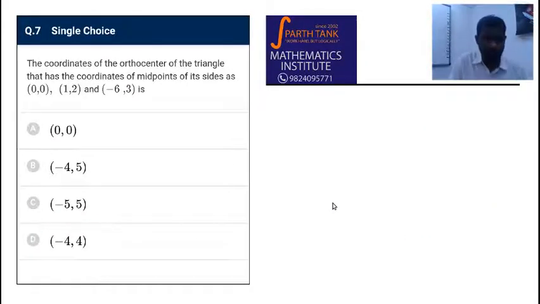Question number 7. The coordinates of the orthocenter of the triangle that has the coordinates of midpoints of its sides as 0, 0, 1, 2, minus 6, 3 is. That is, we have a certain triangle. Excuse me. Let me draw it a little more to the right because the point is more.